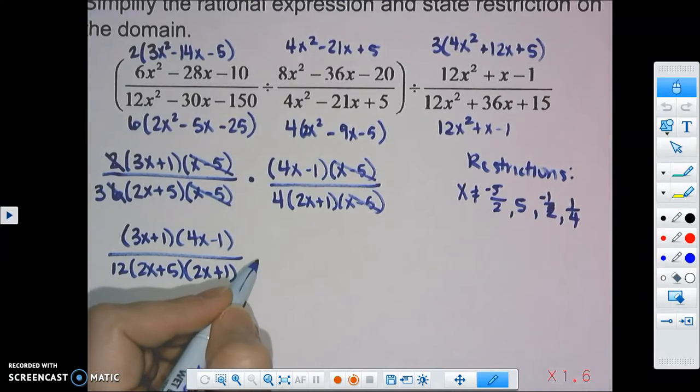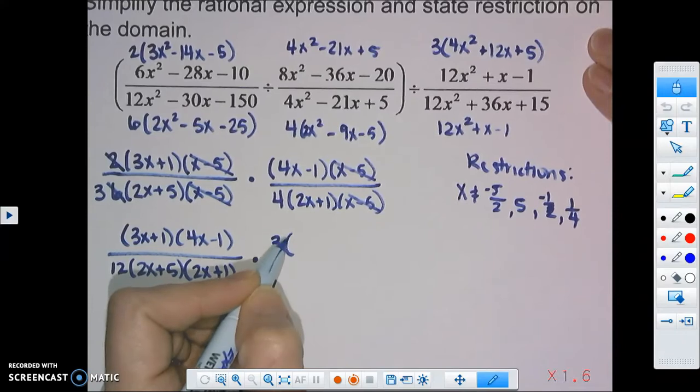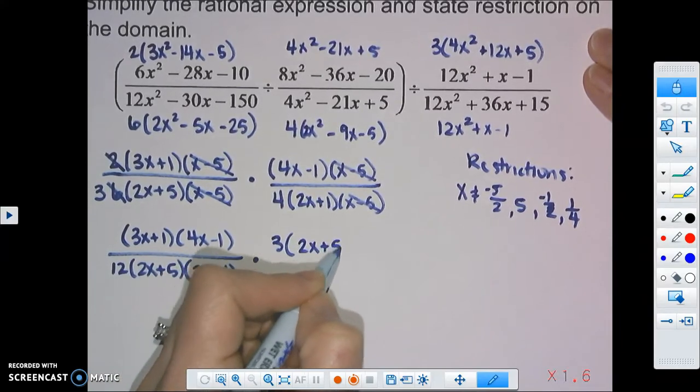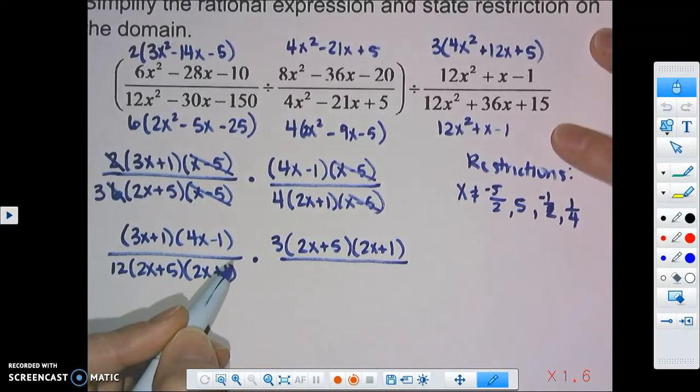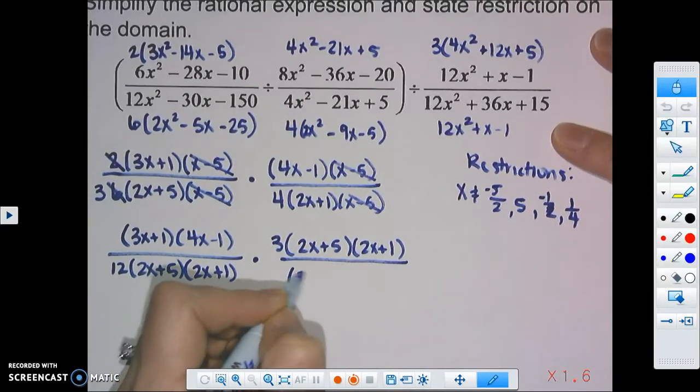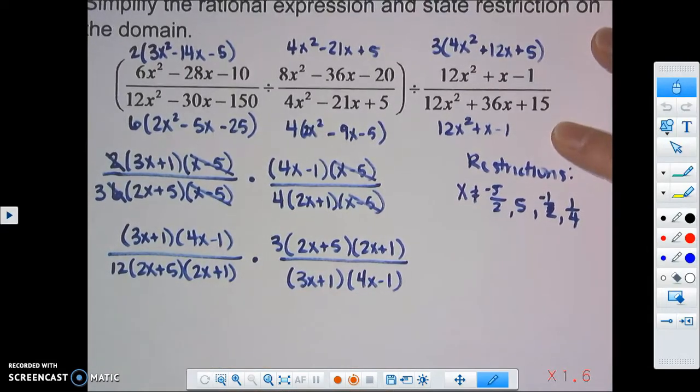All right, so that fraction, when we factor it, the numerator has a 3 GCF, and inside we have 2x plus 5, 2x plus 1. And in the denominator, we're going to factor that into 3x plus 1, 4x minus 1.